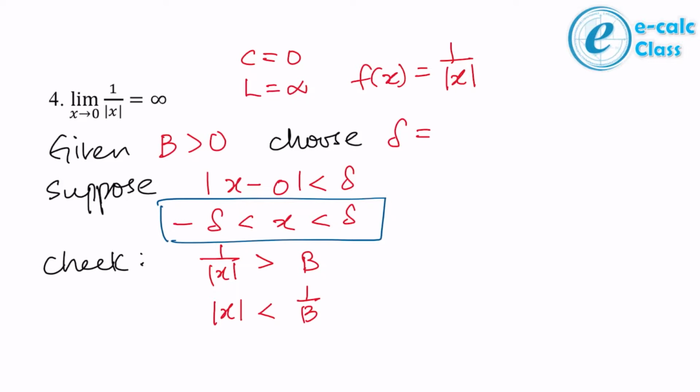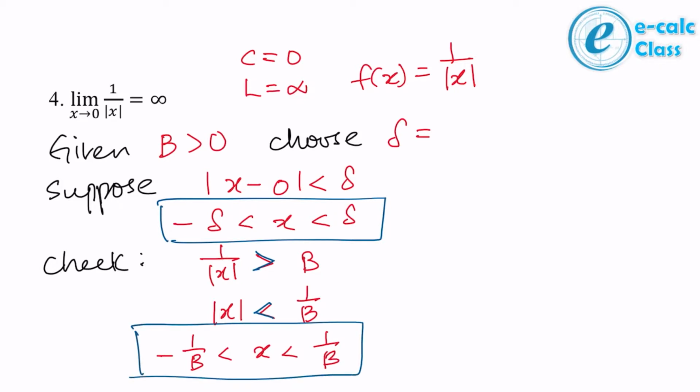And this will even make your life simpler, because just now it was absolute value and greater than, which is very hard to evaluate, and now it is an absolute value and smaller than, which is easier for you to evaluate. You can just write it like this, which is very nice because you can directly compare with the first inequality that you have written. So obviously, to make both of them true, you just let your delta be 1 over b, and that's it. Very nice, right?